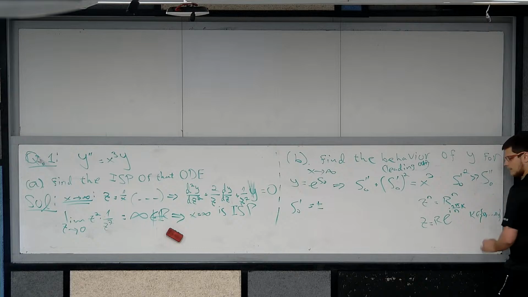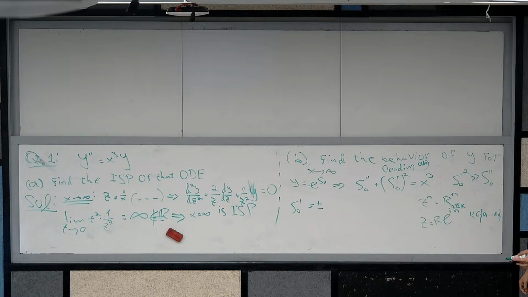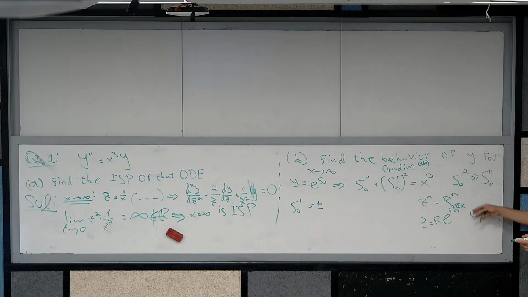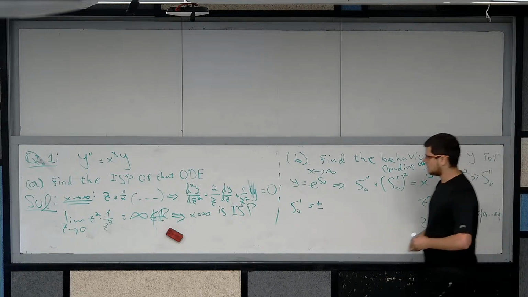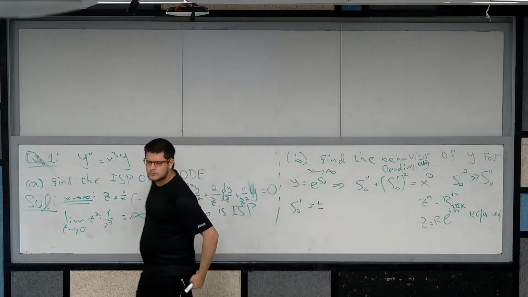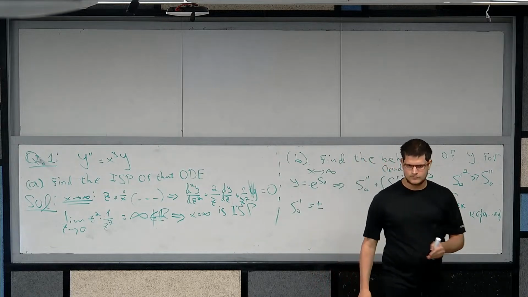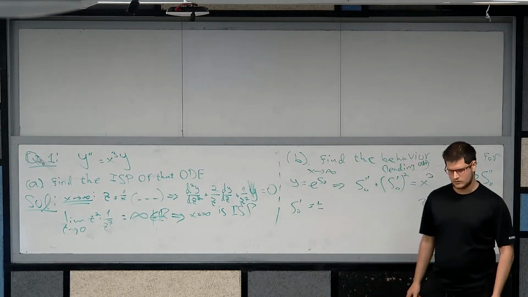And that will be n solutions. Do you agree with me? You understand why it's very compact to write it like this? Because you will not want to do all the algebra n times if you have an nth order differential equation.